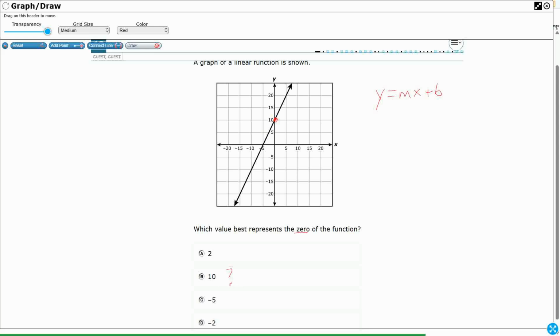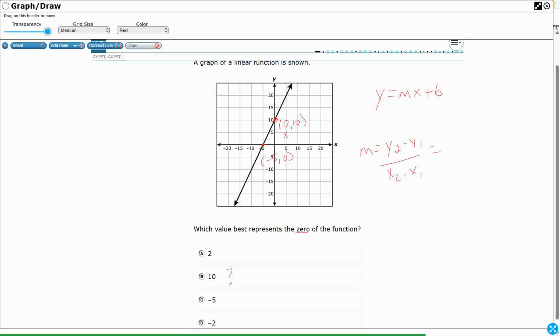And then our slope, right? So what is our slope? Well, let's just take these points here, and those points, -5, 0. Let's put those into our slope equation. So we've got y2 minus y1 over x2 minus x1.